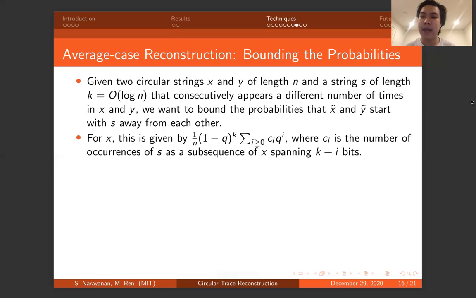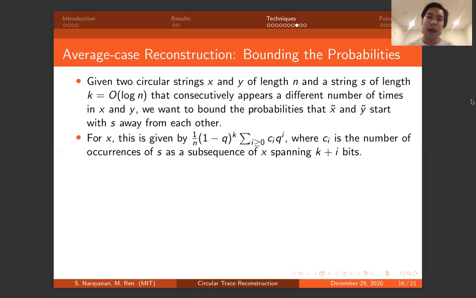For x, let's say that c sub i is the number of occurrences of s as a subsequence of x, where the subsequence can be covered by a substring of length k plus i. So the probability that this subsequence appears at the beginning of our trace is given by, first, 1 minus q to the k for the probability that the subsequence is preserved, and then q to the i for the probability that the rest of the bits are deleted. And then we sum this over all i.